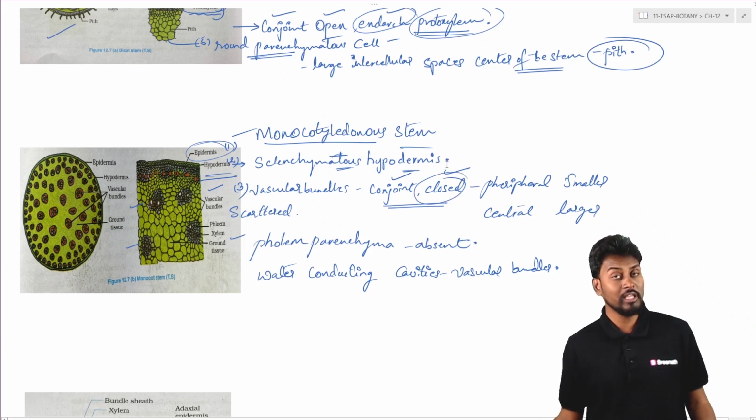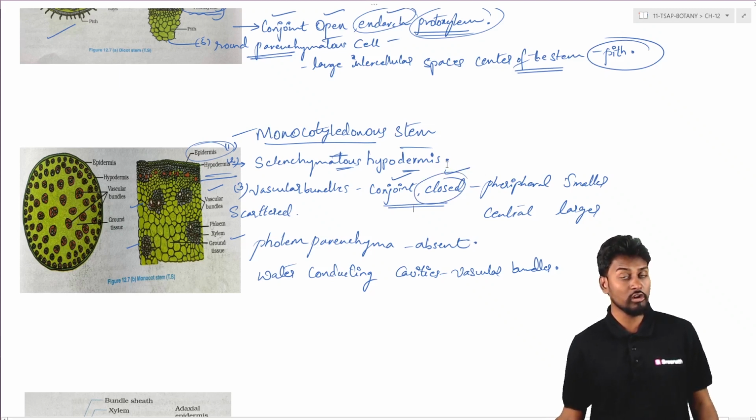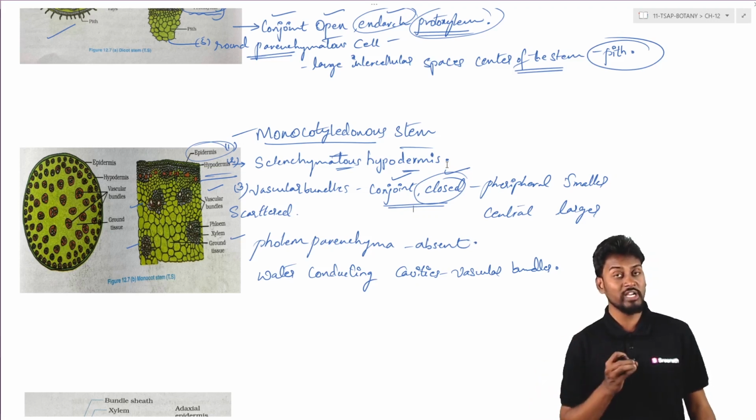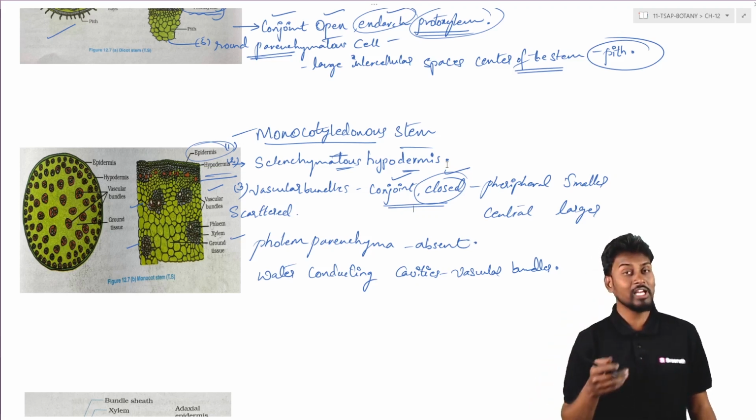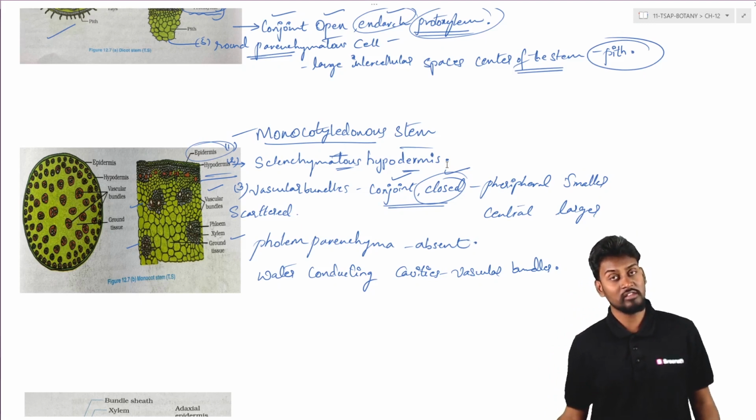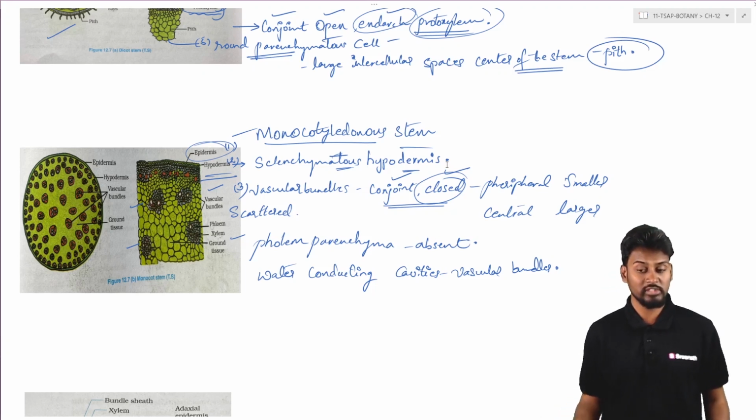Cambium is not present in the monocot stem, so they are called conjoint closed. Conjoint means phloem and xylem are together in the same arrangement, and closed means they do not contain any cambium. So that is about the vascular bundles.